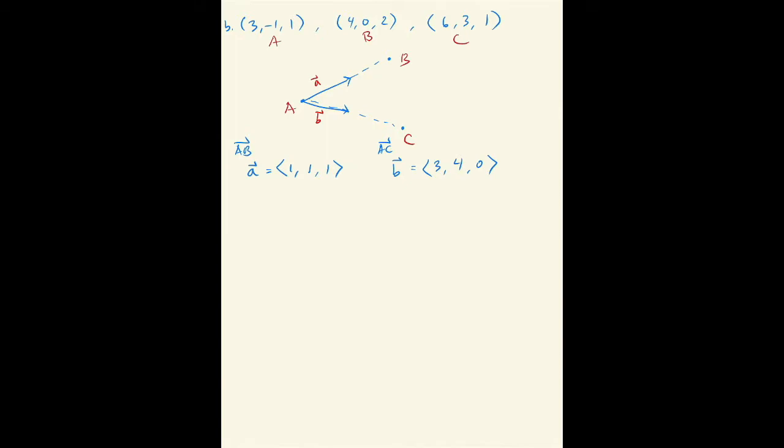And remember, if you cross this AB and AC, you will get the normal vector, right? So let's just cross them.